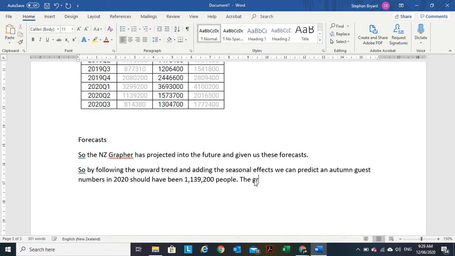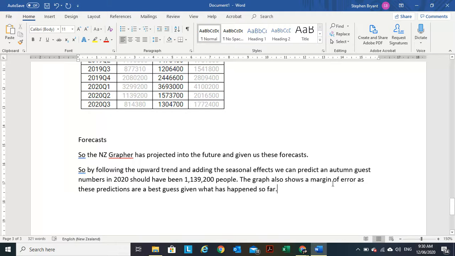The graph also shows a margin of error as these predictions are a best guess given what has happened so far. So I've made a forecast and I've just written about what that forecast means.